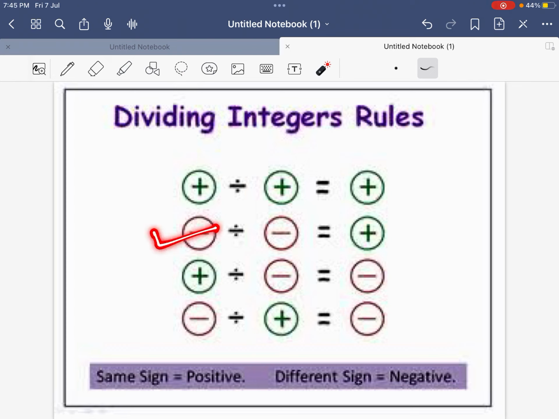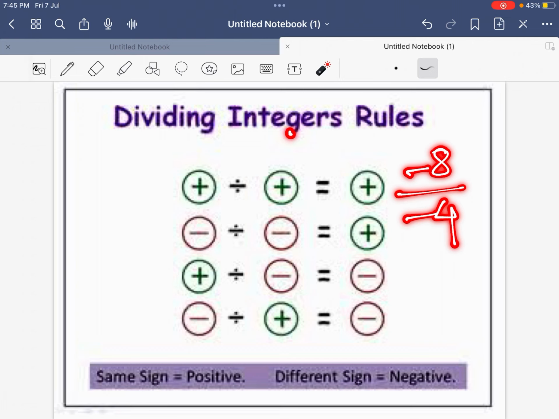Suppose both the numbers are negative, let's take an example once again, minus 8 divided by minus 4. Clear hai? So in this case both the signs are negative, minus 8 as well as minus 4, both are negative.